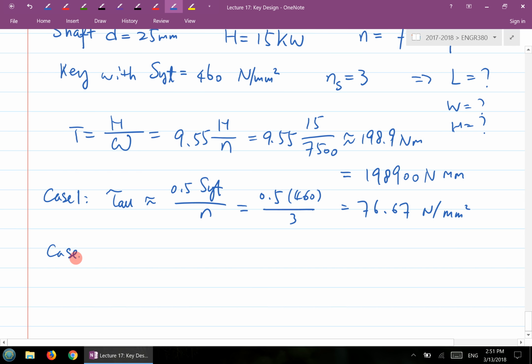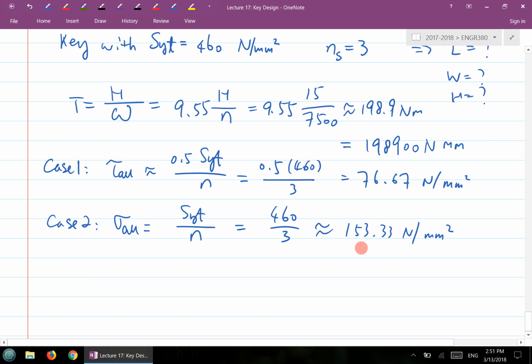And we can also use the compressive bearing stress calculation. Gives us a sigma allowable, which is Syt over N, and that's 460 divided by 3, approximately 153.33 Newton per millimeter square. So that's your allowable stress here. Actually, we don't really need this one information.